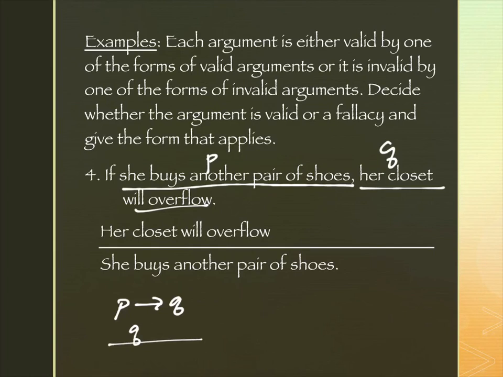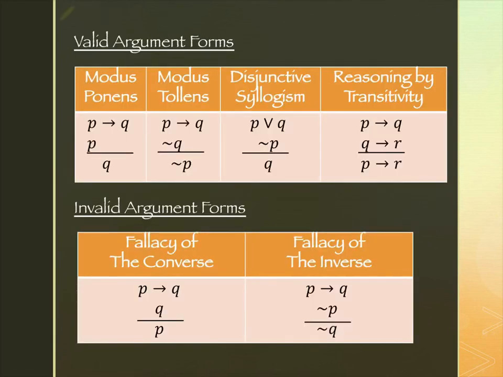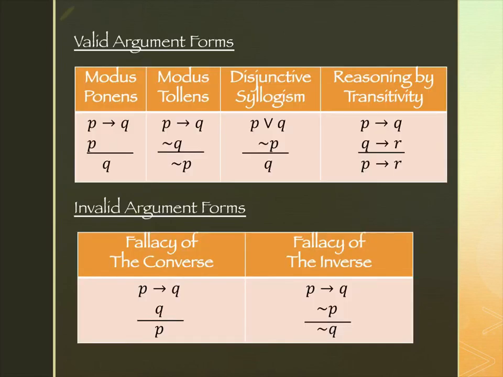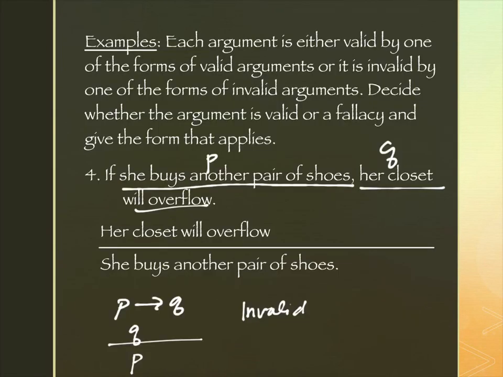She buys another pair of shoes would be P. So you're creating the structure, and then you're saying, which one of these is it? Be really careful. It's actually fallacy of the converse. They look very similar. Modus ponens and modus tollens have similarities to the other ones, so be careful. It's actually invalid by fallacy of the converse.